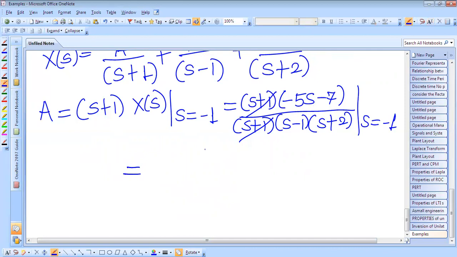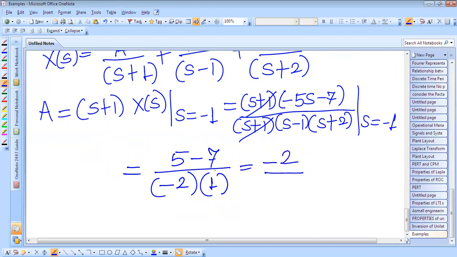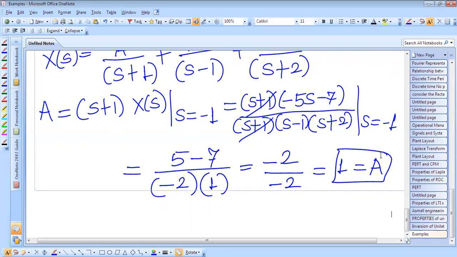So minus 5 into minus 1 is 5, and this is minus 7. Again here minus 1 minus 1 is minus 2, and minus 1 plus 2 is 1. So 5 minus 7 is minus 2, divided by minus 2, so it is 1, and therefore the value of A is 1.